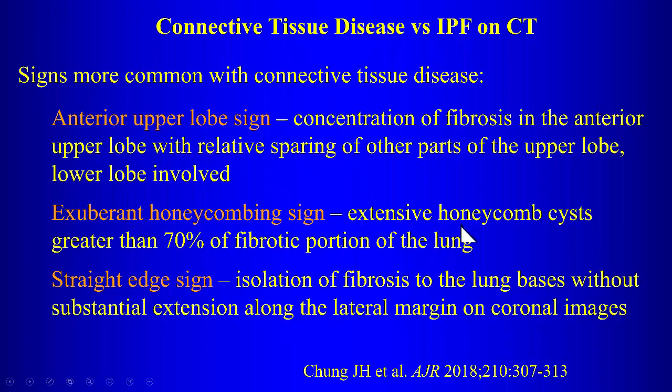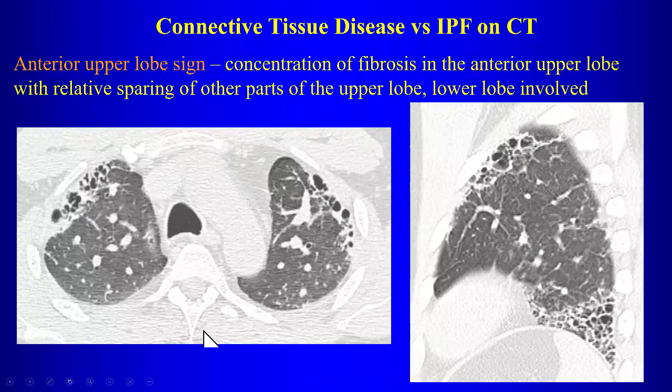Exuberant honeycombing, where there's extensive honeycombing, greater than 70% of the fibrotic portion of the lung. And the straight edge sign, where there's a sharp demarcation between the areas of honeycombing and the rest of the lung.